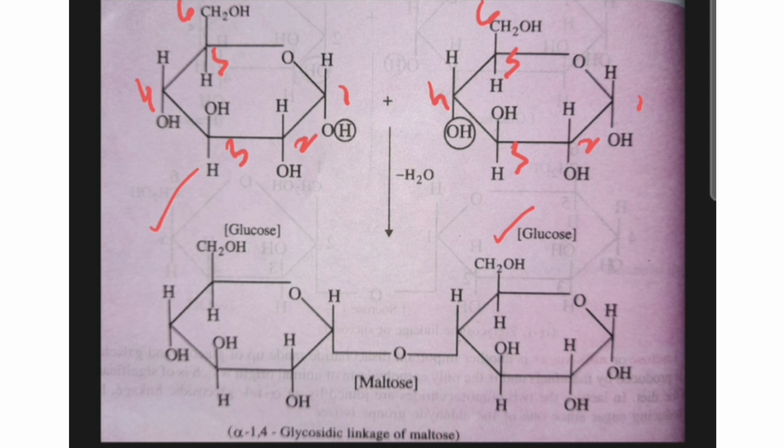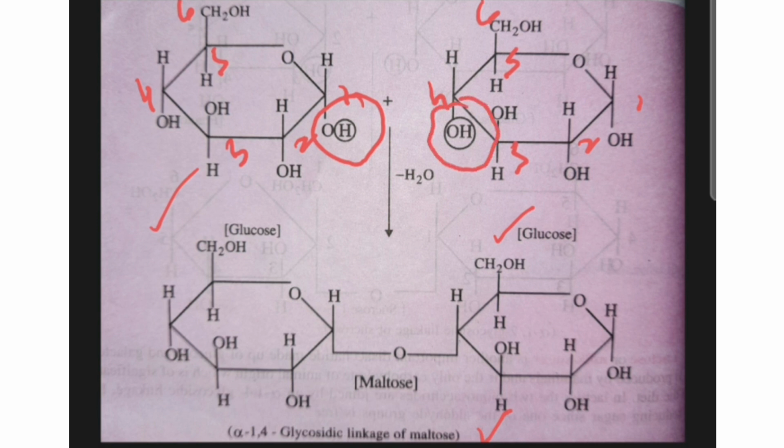So it is forming a 1,4-glycosidic linkage. From the first glucose molecule, from the first carbon, the OH is hanging, and for the second glucose unit, from the fourth carbon, one OH is hanging.